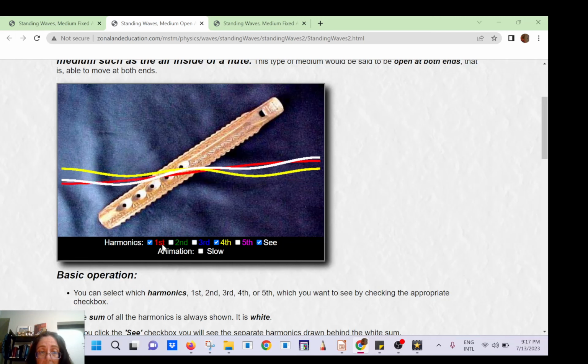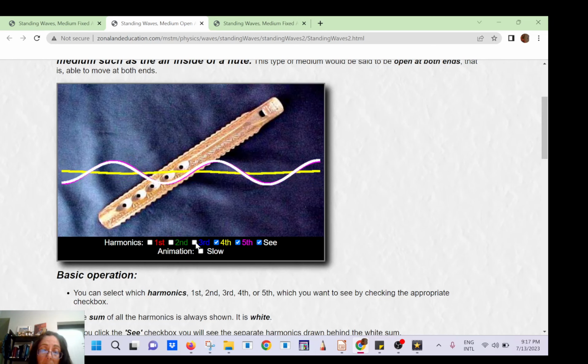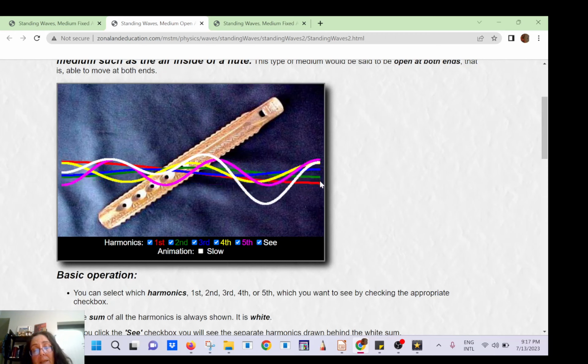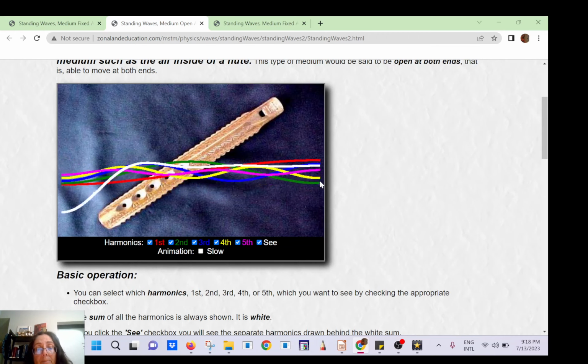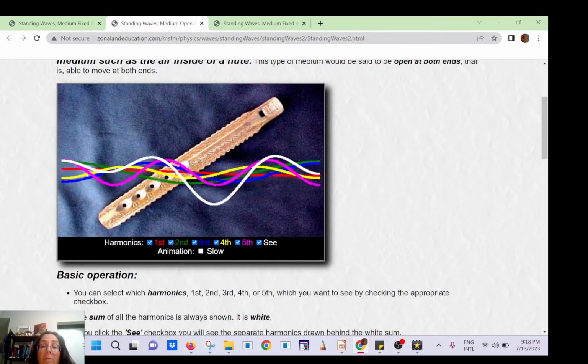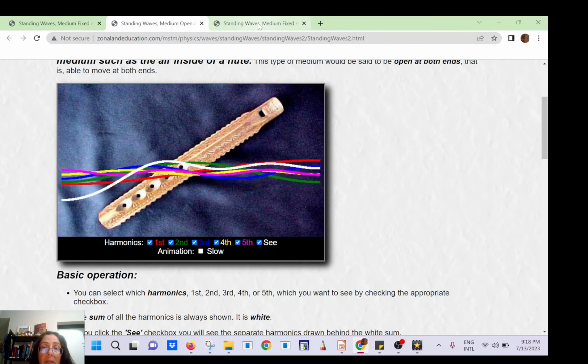So I can have the fourth alone. So you can visualize that will be your fourth one. That will be the fifth one. That will be the fifth harmonic. And then you can combine them together and you get the white wave. Isn't that a fantastic simulation? So you can use that website here.